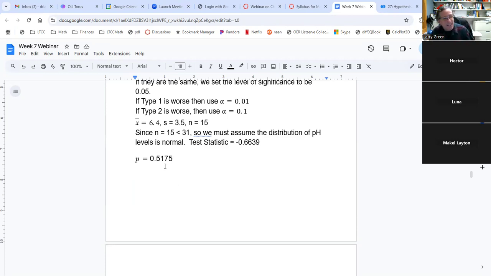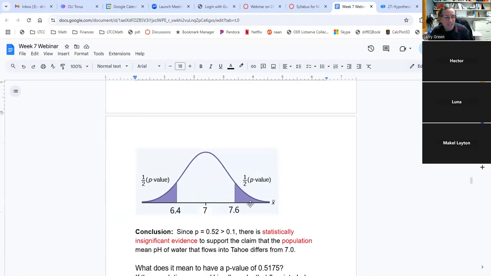P is very large. I mean, it's around 52%. Our level of significance was 10%. 52% or 0.52 is much bigger than 0.1. So no, if you're bigger, then you don't have evidence. Okay? So there is statistically insignificant evidence.